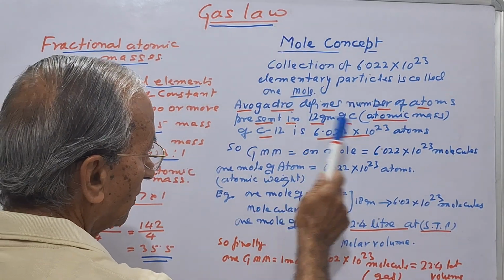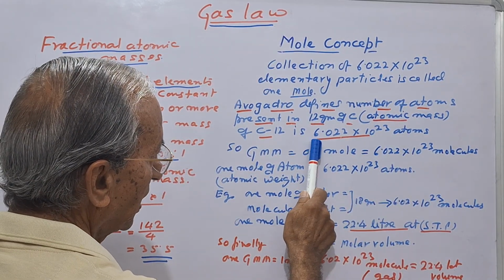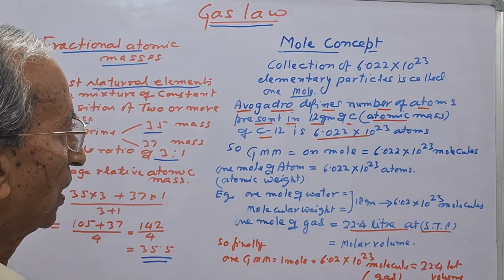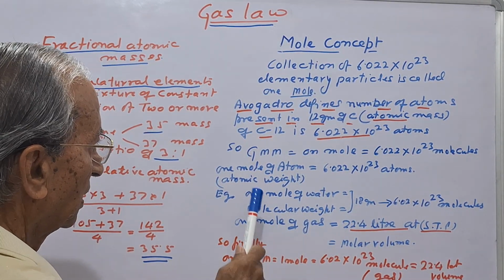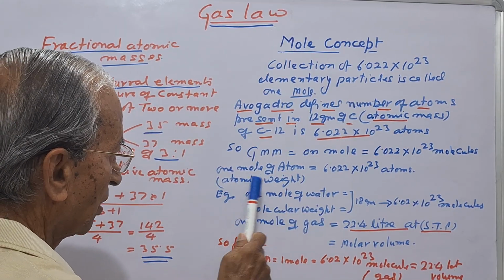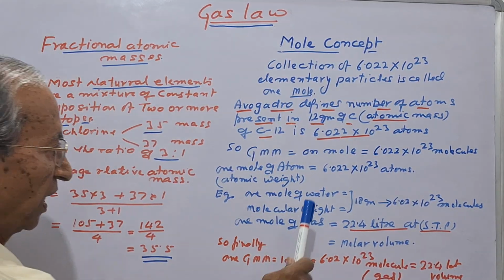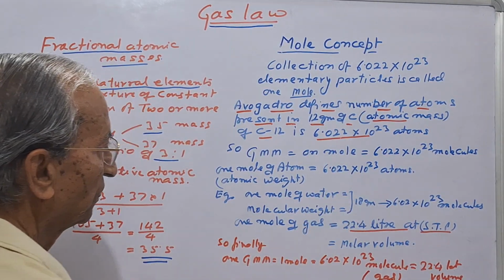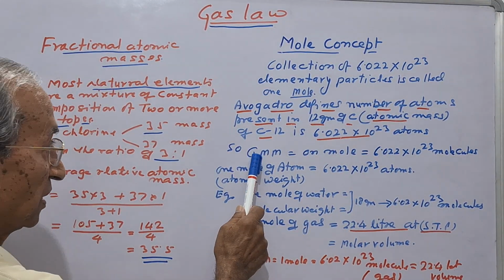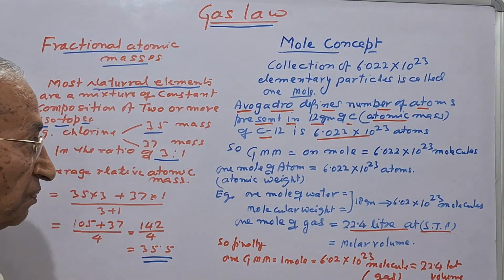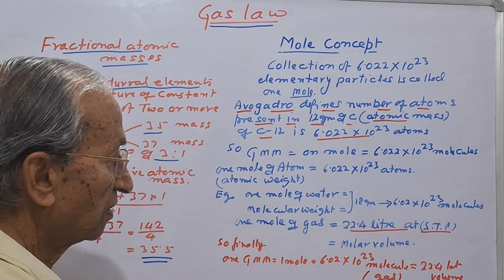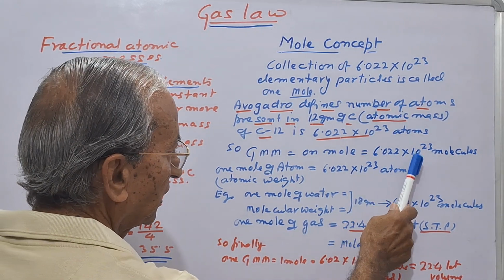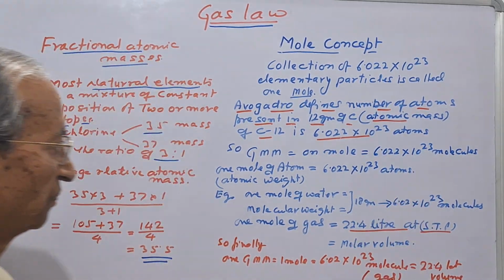He found number of atoms is 6.022 into 10 to the power 23. So if we take 1 mole of the atom, that is atomic weight, it will have 6.022 10 to the power 23 atoms. And if we say it is GMM, that is gram molecular mass, then 1 mole will contain 6.022 10 to the power 23 molecules.